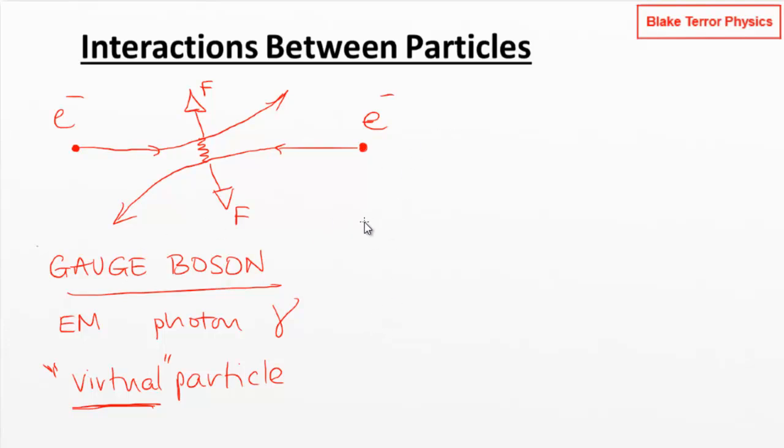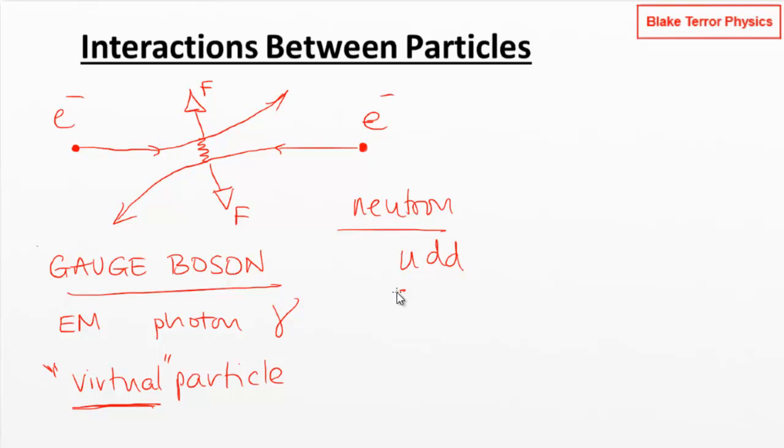You've got similar things going on if we had quarks. Let's think of a neutron, which we're going to start looking at more closely later on. But a neutron is a collection of quarks. It's an up quark and two down quarks grouped together. And these quarks are held together by gluons.